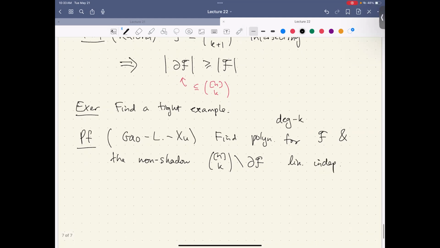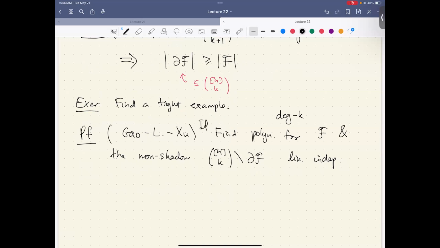If we can find this, then what do we have? We have the size of F plus the size of the non-shadow, which is n choose k minus the shadow, right?